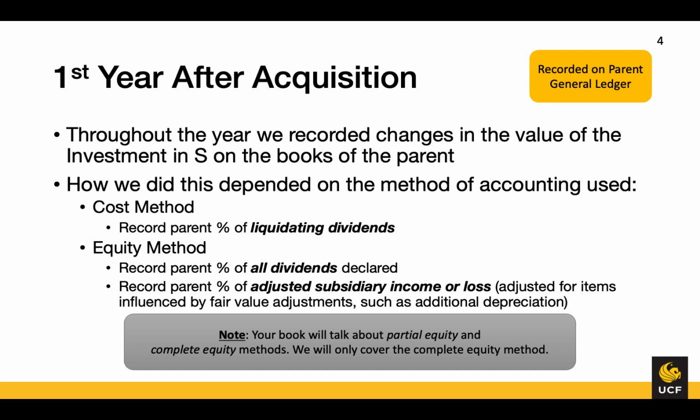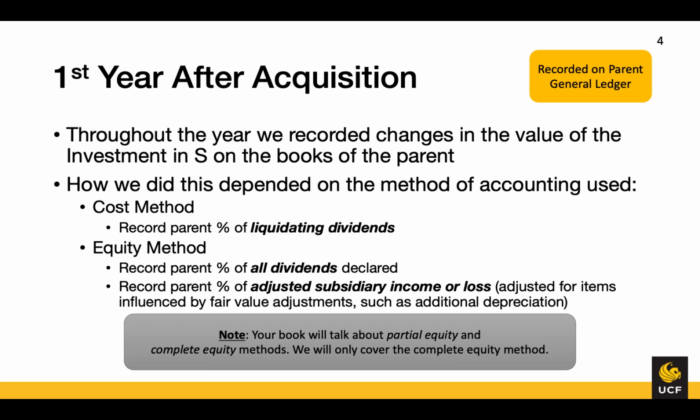Under the equity method, however, we're going to treat our investment in S account as if it is a mini retained earnings account for just the parent's portion of their ownership stake. So anytime our subsidiary records dividends, that's going to decrease our investment in S as the parent. And anytime our subsidiary reports positive income, that's going to increase our investment in S as the parent. However, should our subsidiary report a loss, that is also going to decrease our investment in S.